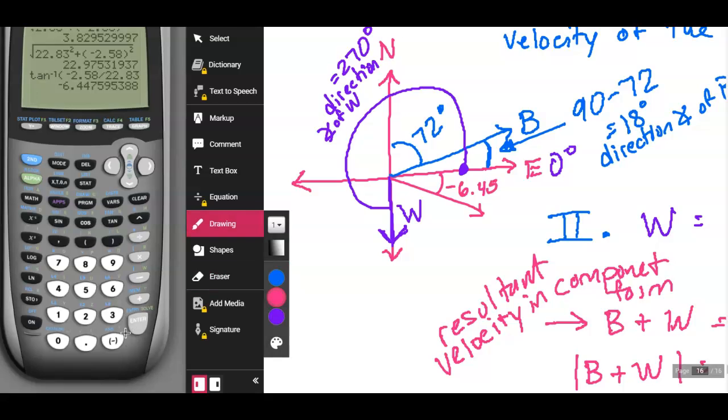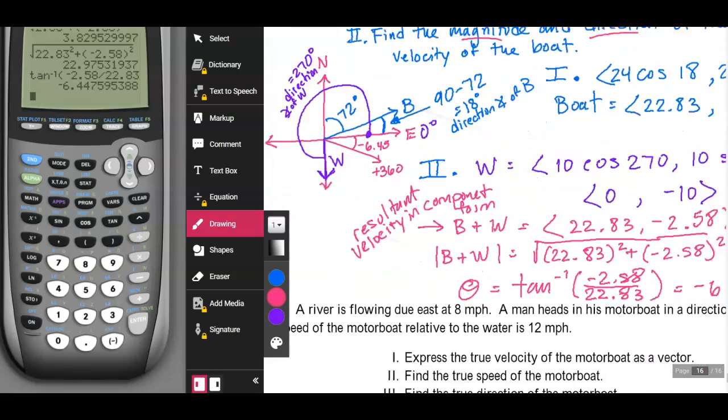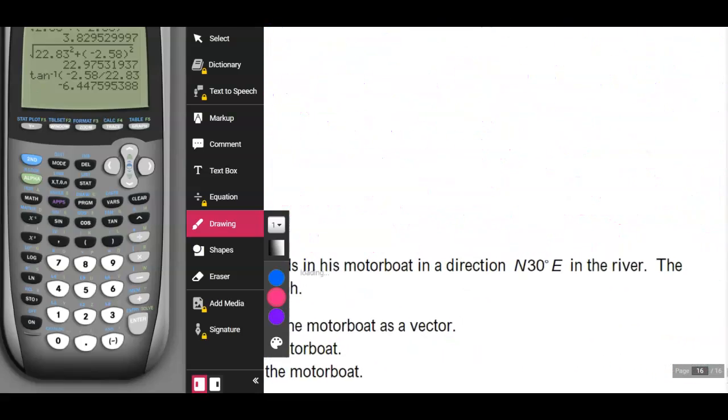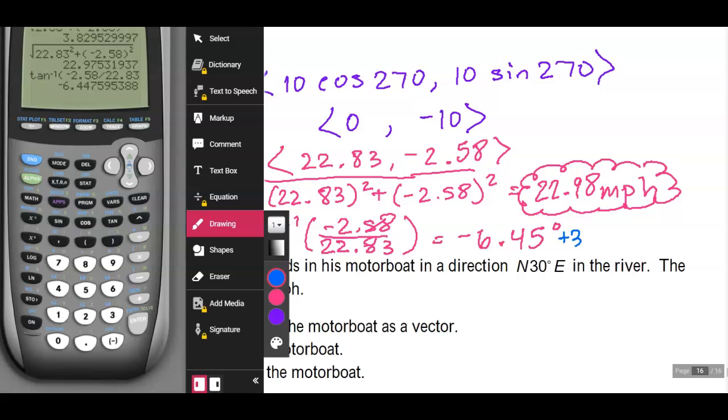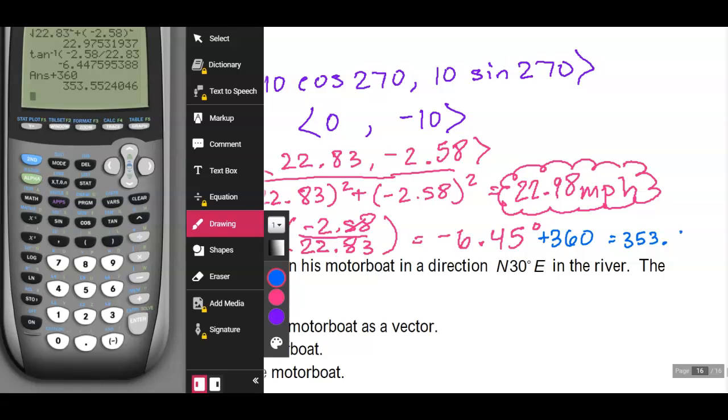What do we do to this value to get our true direction? Yes, you add 360 to it. You must add 360 because quadrant 4, you always add 360. And you get 353.5.